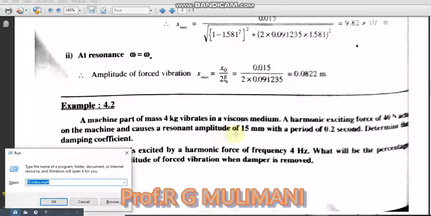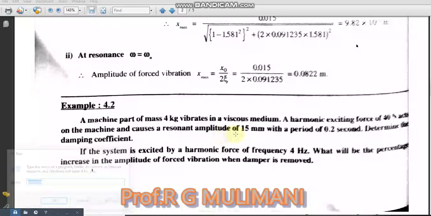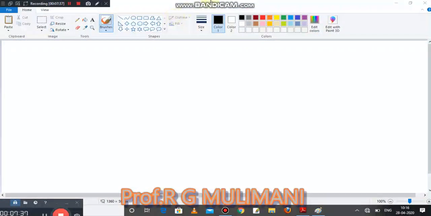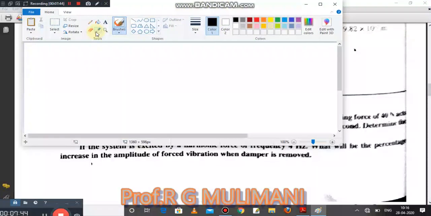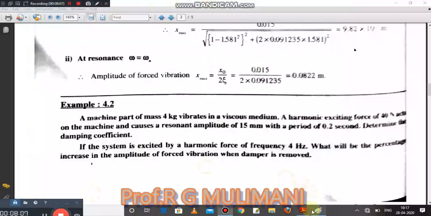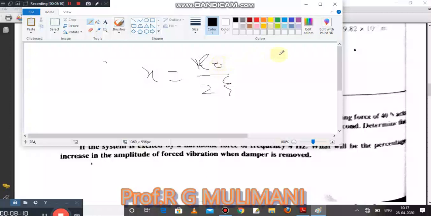F naught value is given here. x naught is equal to f naught by k. F naught is given here as 40 newtons, and the zeta value.